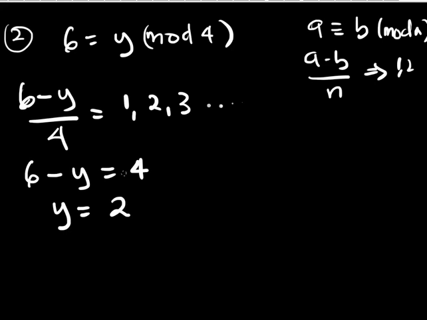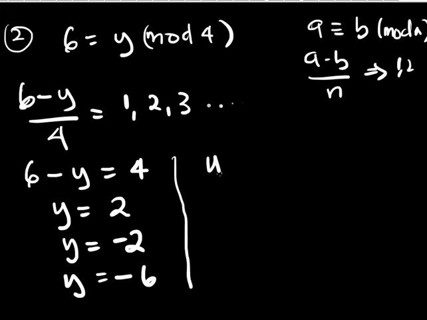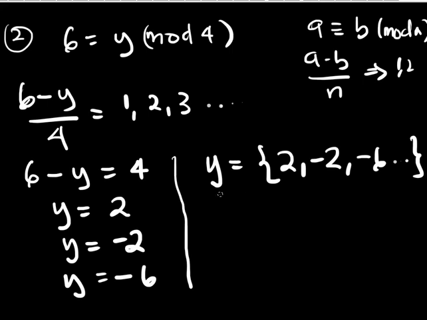Is that right? Yes, y is equal to 2. If we do the next one, we get y is equal to minus 2. The next one gives y is equal to minus 6. We can represent our answer in the form of a set: y is equal to 2, minus 2, minus 6, and so on. Or we can give a formula.